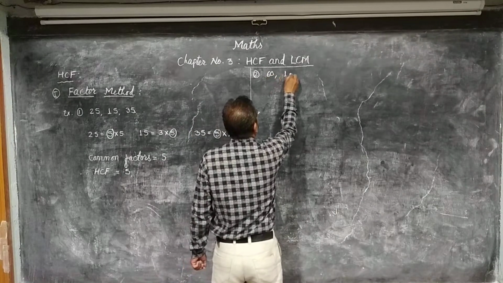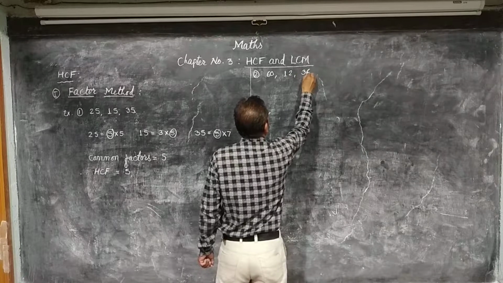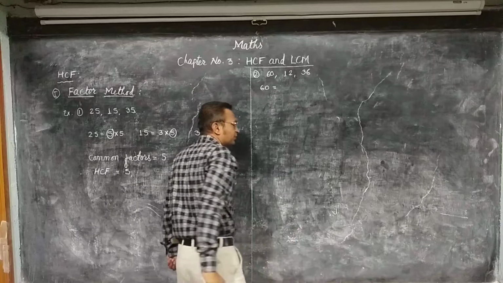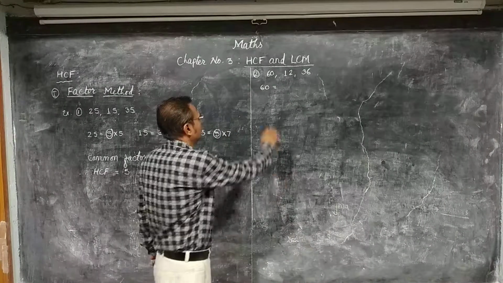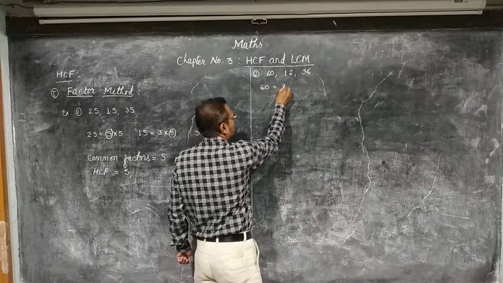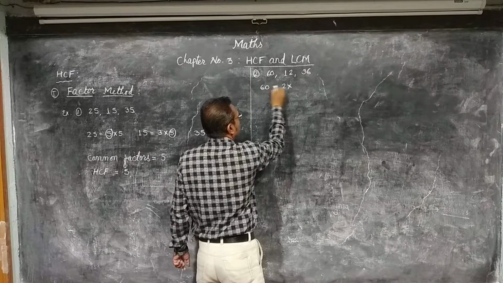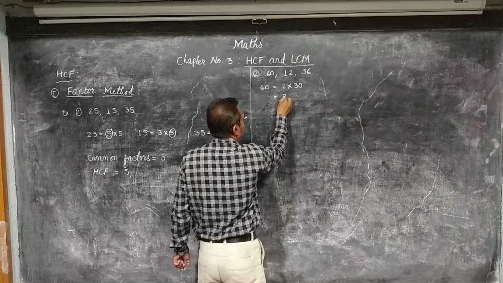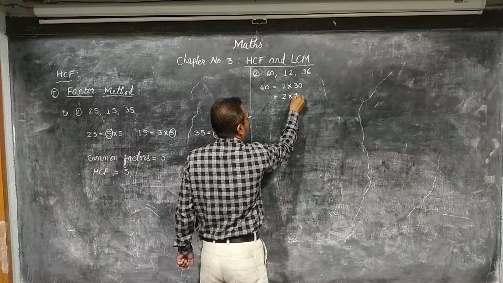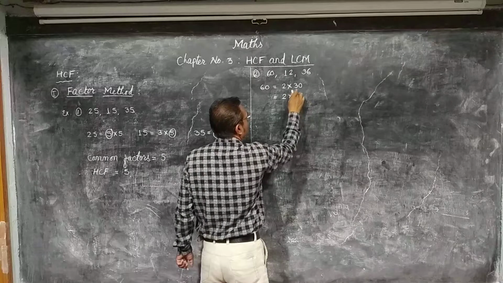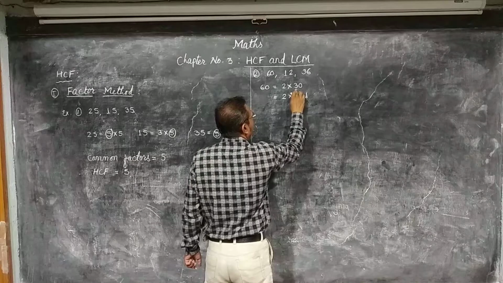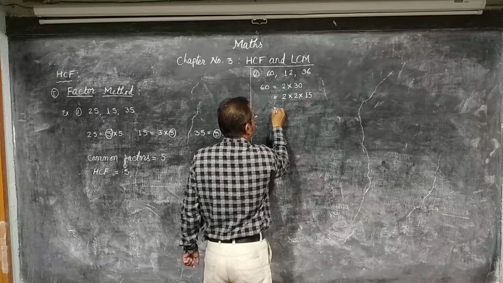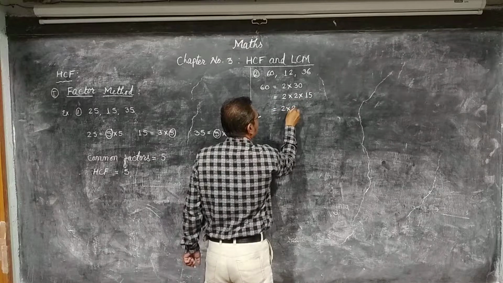60, 12 and 36. 60, find the factors of 60. There is 0 in the unit place, therefore we can use the test of divisibility by 2. 2 3s are 6 and 0. Again unit place 0, therefore again we apply the test of divisibility by 2. 2 1s are 2, carry 1 becomes 10, 2 5s are 10. 2 into 2.